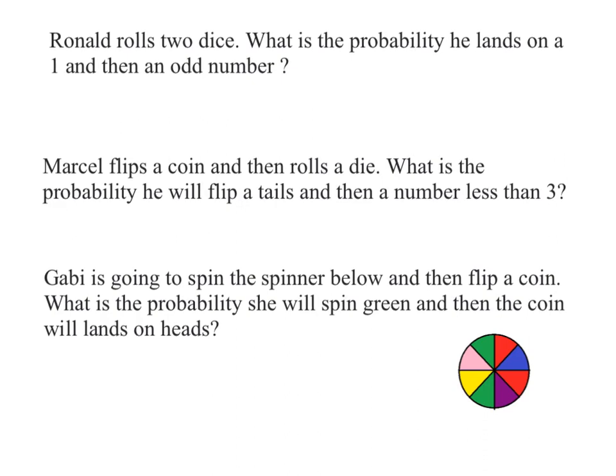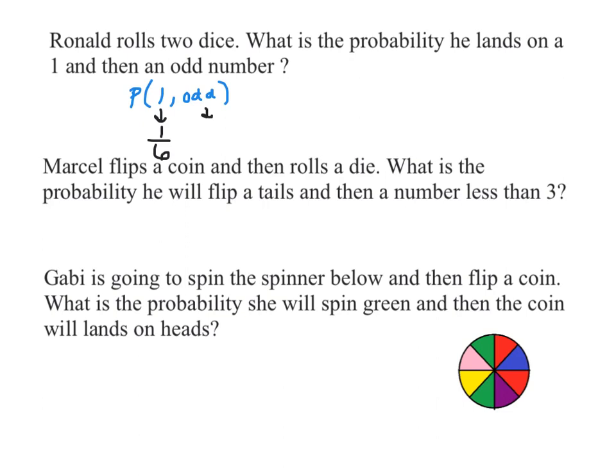All right, so we still always want to write the probability, your event. So I want to find the probability that I will land on 1 and then an odd number. If I separate these probabilities, when I roll a die, the probability of me getting a 1 is 1 out of 6. There's only one 1 on a die, and there are 6 possible numbers.